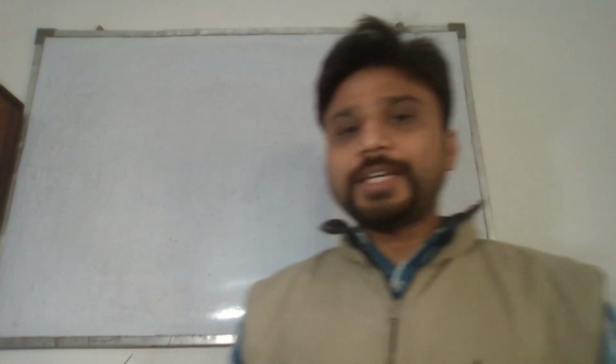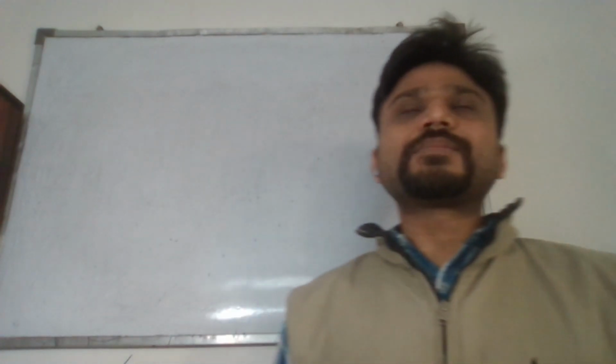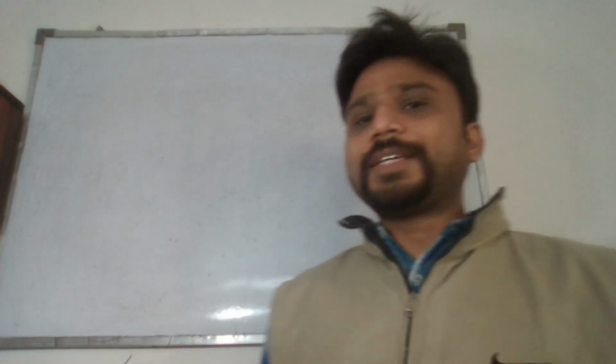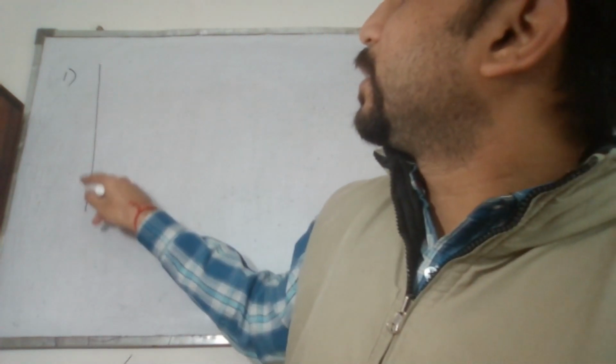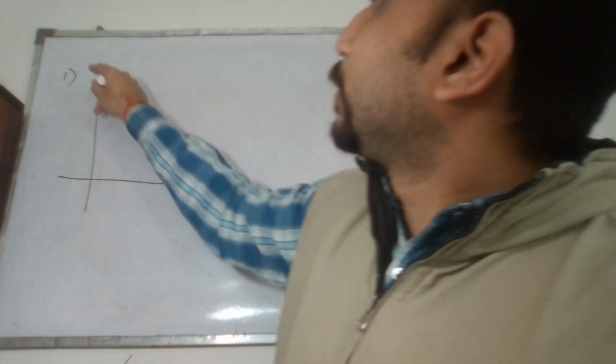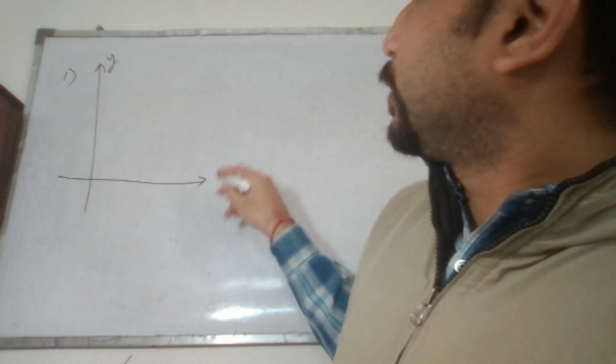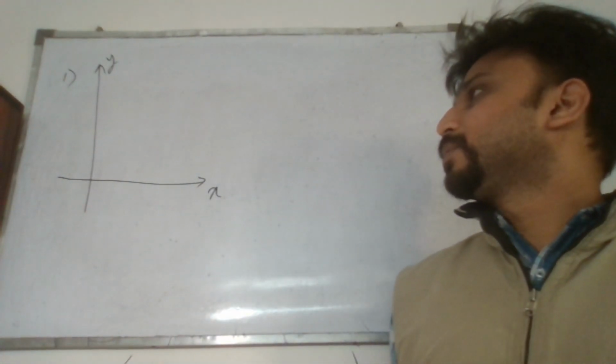So, if we want to differentiate some simple terms, like we were talking about curves, the first curve which we are going to study is this one. Let's say I have this y and x curve drawn like this.